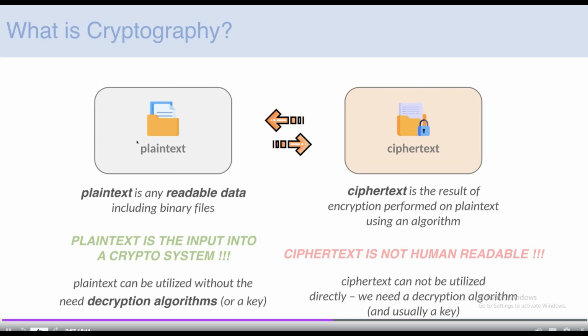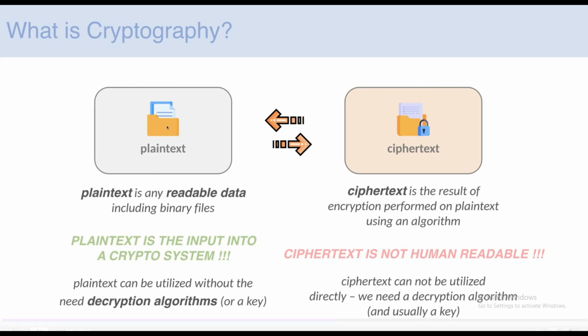We can use an encryption algorithm to transform the plaintext into a ciphertext with the help of a private key, and we can use the same algorithm to decrypt the ciphertext into plaintext again. But of course, it is absolutely crucial that ciphertext is not human readable, which means that it cannot be utilized directly. We need a decryption algorithm and usually a private key.